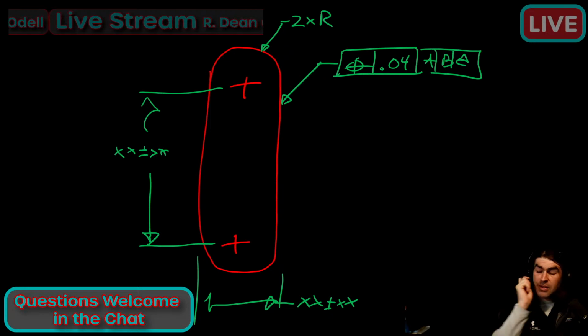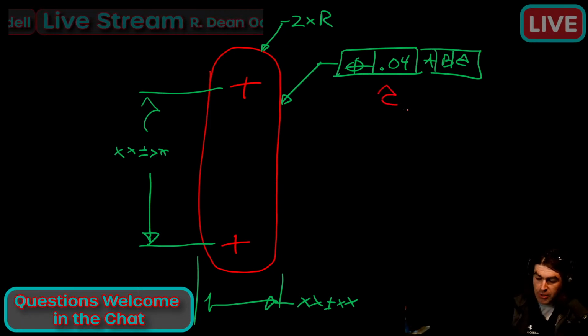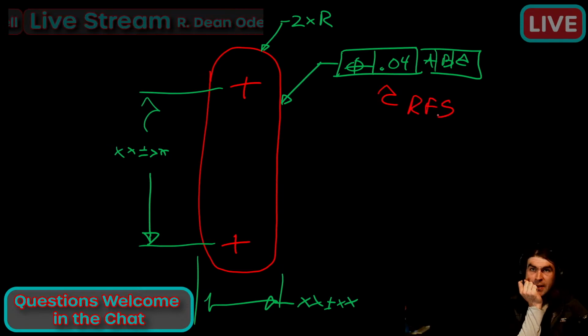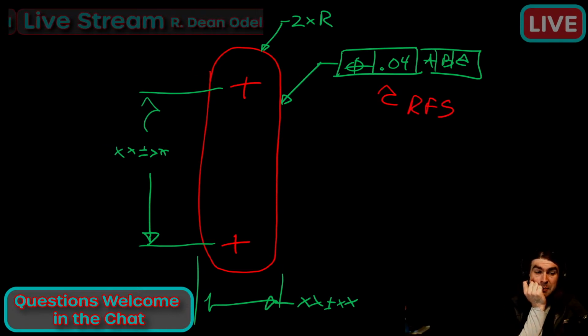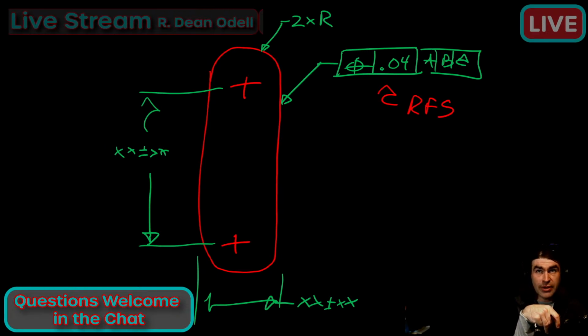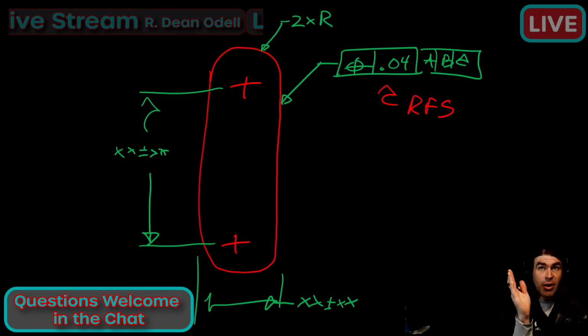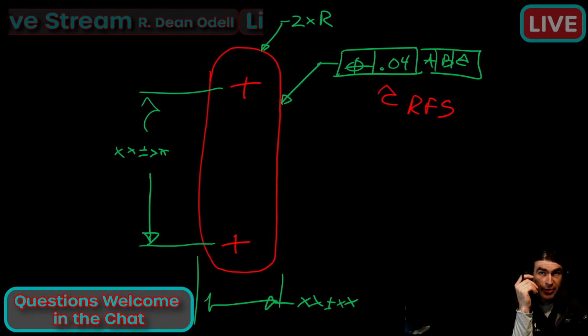Now, in my opinion, I think this is wrong, because it's regardless of feature size. What does that mean for us? Normally if we apply regardless of feature size to a hole, it just means the axis of that hole is what we're measuring.